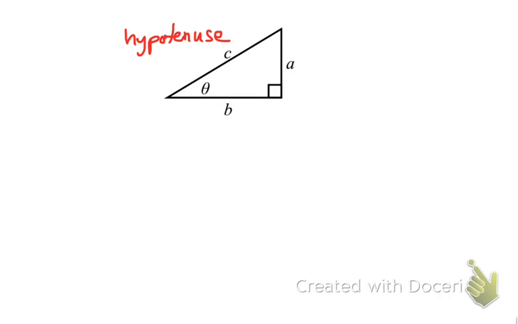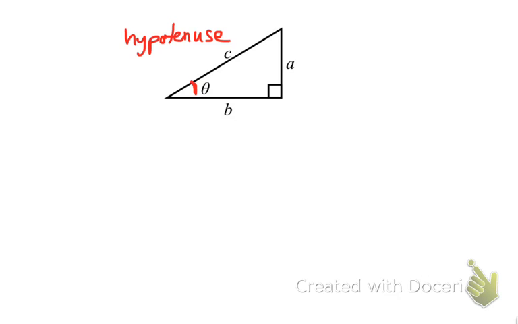We'll refer to that both as side C and as the hypotenuse. That's its official name. When you look at the angles, there are 2 angles that are not the right angle: the angle down here on the bottom and the angle up here at the top. For this example, I've chosen to call the bottom angle theta.